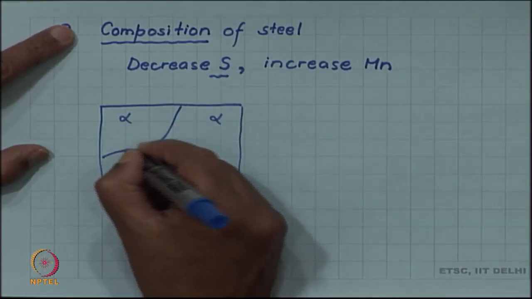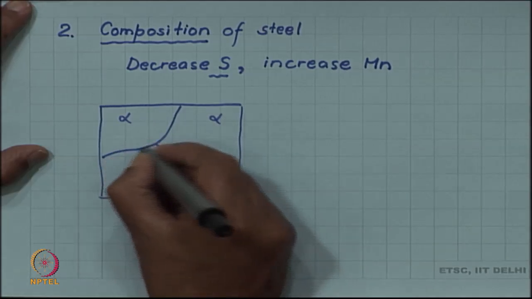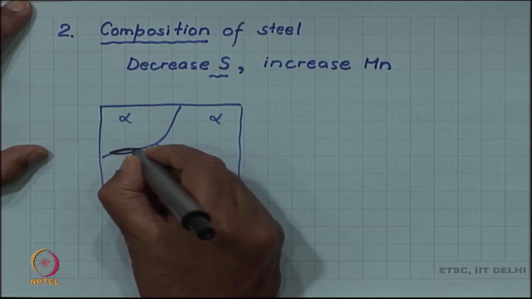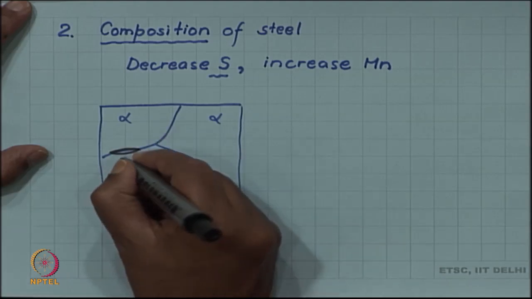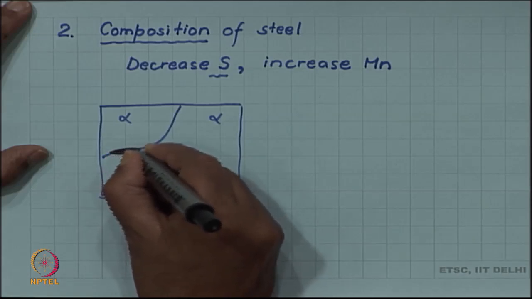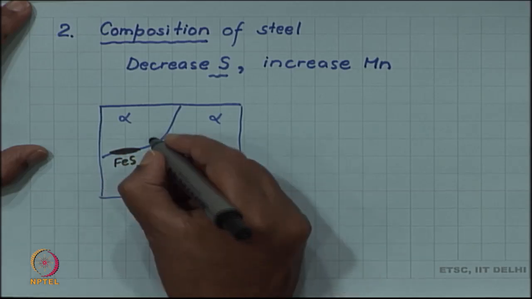Sulfur diffuses to the grain boundary and tends to segregate there, and if its concentration is enriched sufficiently, by reacting with iron it forms particles of iron sulfide.